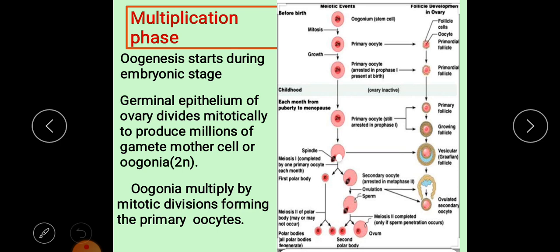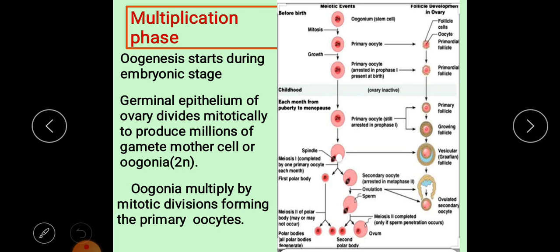The gamete mother cell has a diploid set of chromosomes and gives birth to the female gamete, which has a haploid set of chromosomes, the ovum. This plays a very important role in the oogenesis process. Now we'll see how the oogonia are formed and how the oogonia give rise to egg cells.